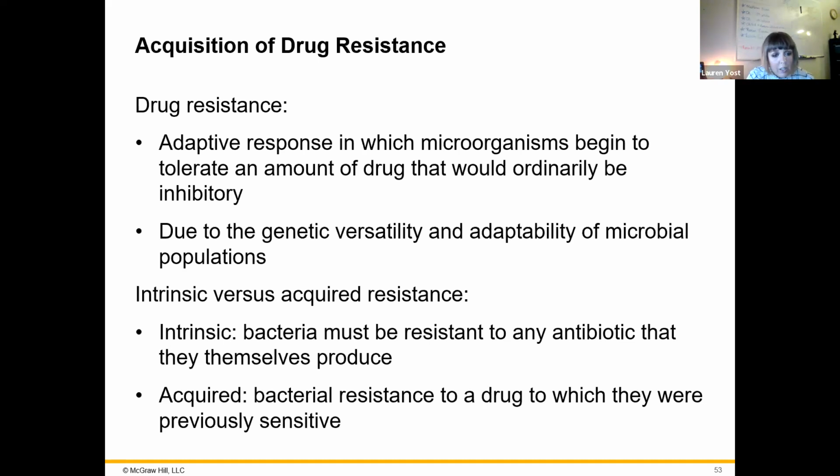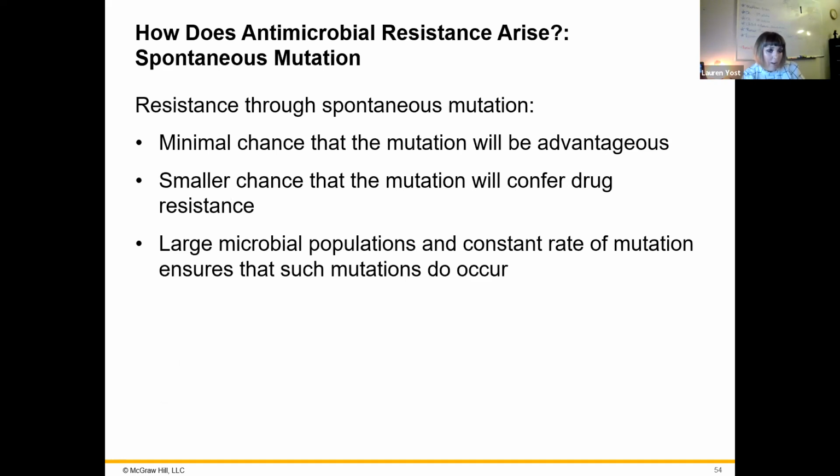So intrinsic resistance means that if you produce penicillin, you will be resistant to penicillin. Like you have to be. So that's an intrinsic resistance. If you got a plasmid that encodes an enzyme that helps you break down penicillin, and you got that via conjugation through the sex pili, then that would be acquired because you got it from other bacteria, right? So you previously would have been sensitive to it, and now you are resistant.